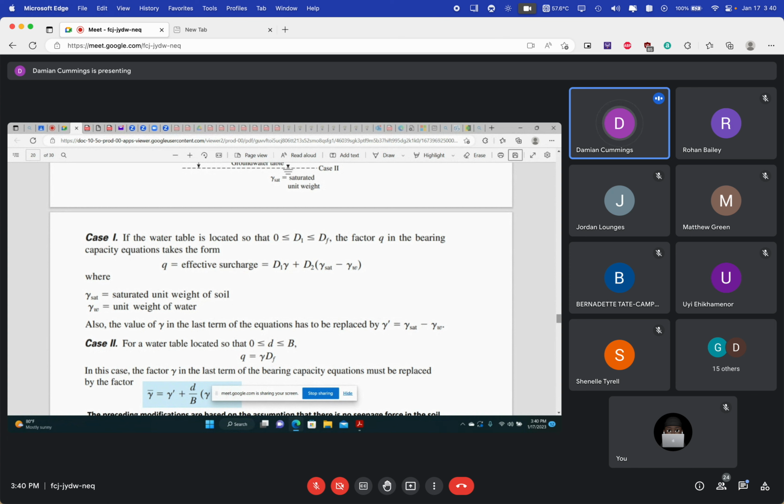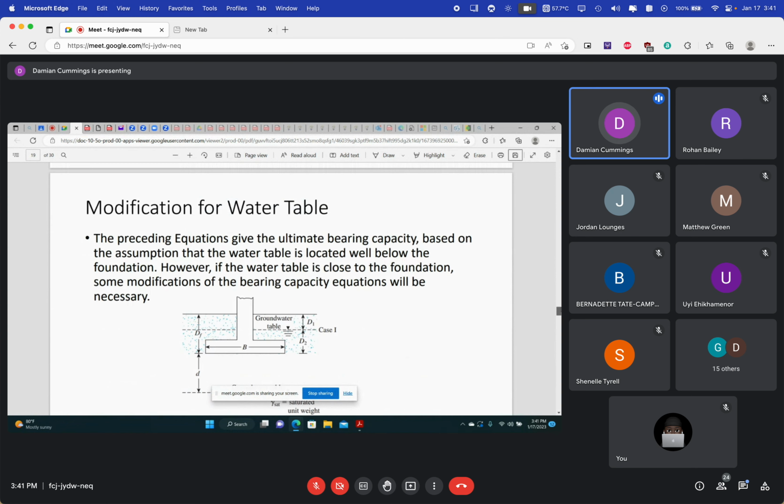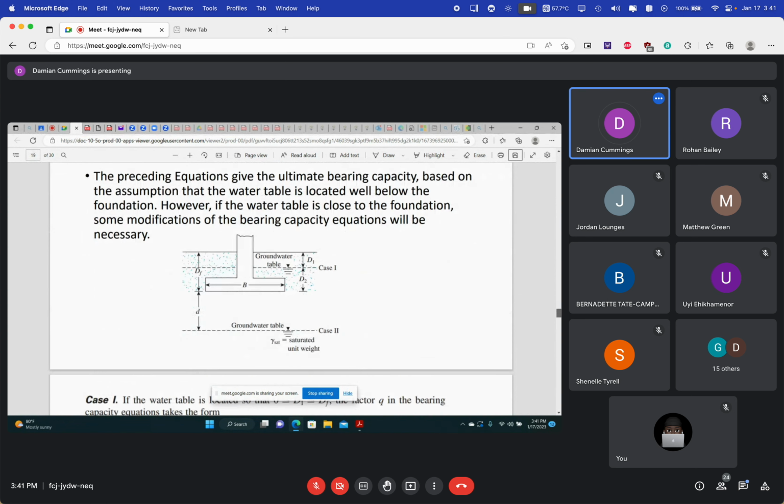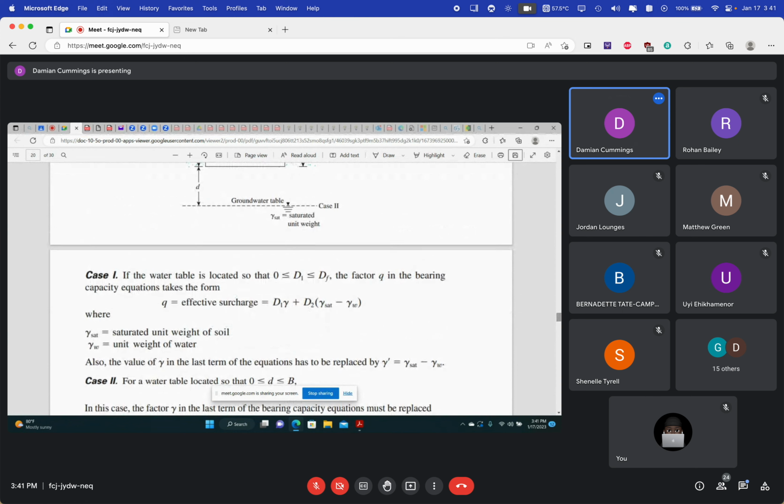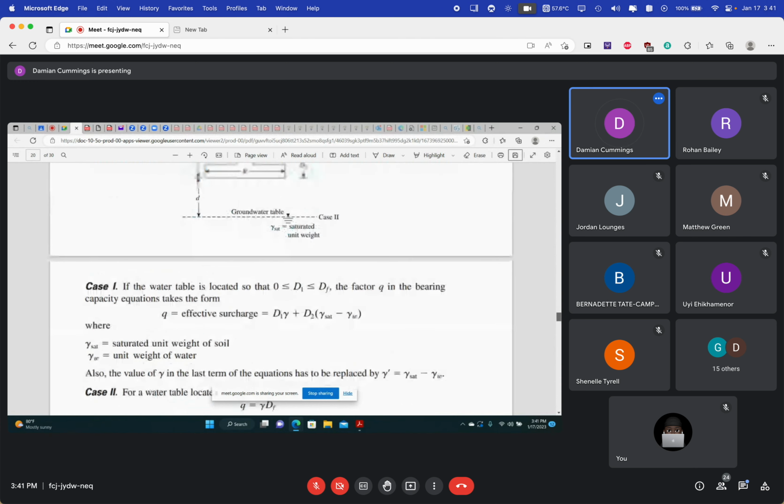The factor Q in the bearing capacity equation takes the form of the effective surcharge, which is equal to D1 times gamma, which is the distance from the surface to the water table, good, times gamma, which is unit weight of a soil, plus D2, which is the distance from the top of the water table to the bottom of the foundation, right?